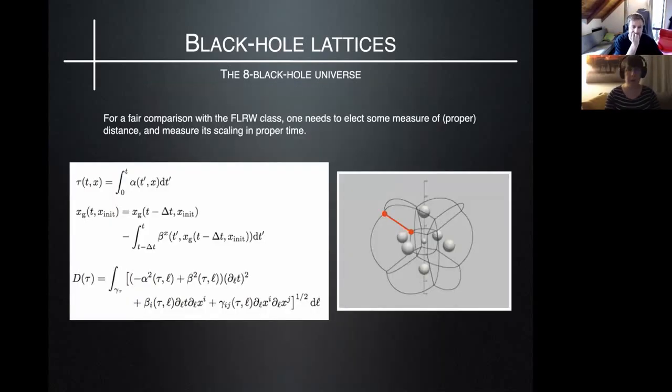Now, the fundamental degree of freedom of a Friedmann universe is the scale factor. And so we had to make an identification, because in an inhomogeneous space-time, you want to measure this in a way that corresponds as best as possible to the global scale of your system. You don't want to just measure proper distance between points that you wouldn't consider representative of the global structure of the space-time.